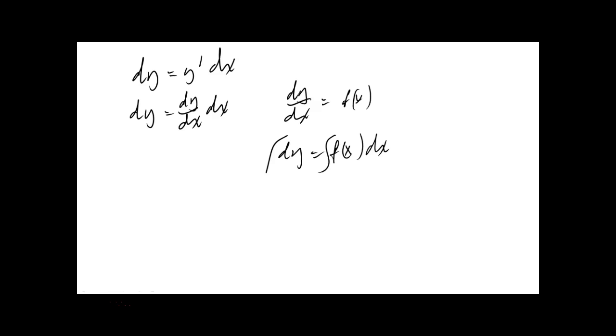We wrote it from derivative form into differential form, then we integrated. I've already suggested that's one of the ways we solve differential equations. If this function is a function of x alone, then that's certainly what we would do. And you probably even did some of that in Cal 2 and maybe Cal 3.